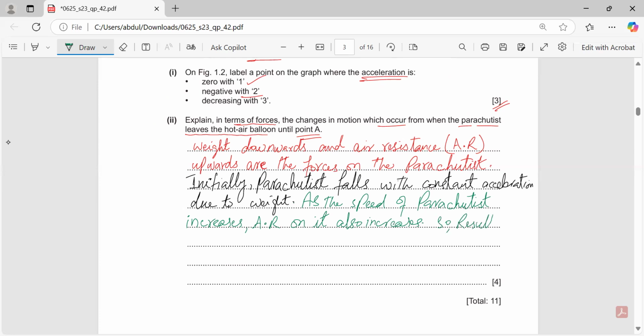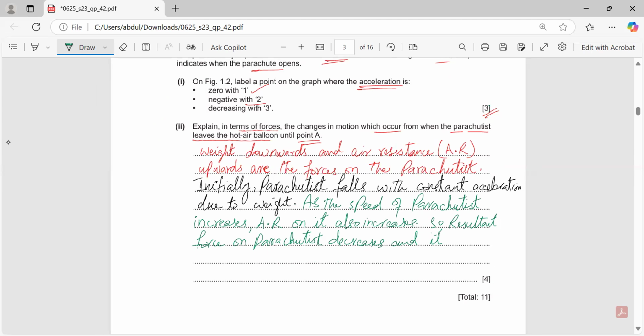So the resultant force on the parachutist decreases, and it falls with decreasing acceleration.